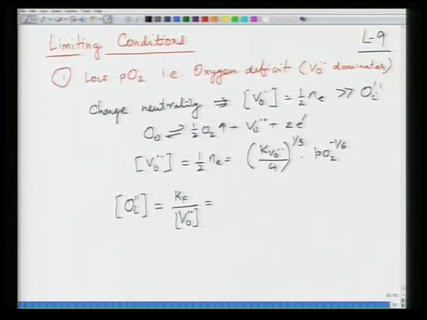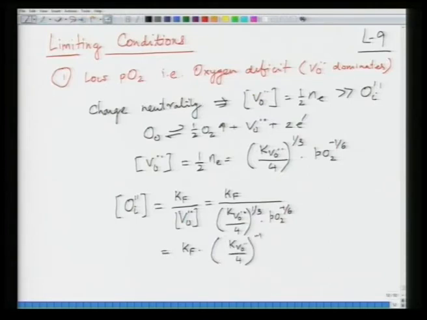So, this as a result becomes Kf divided by KVO to the power 1 by 3 into PO to the power minus 1 by 6, and this becomes equal to Kf into KVO divided by 4 to the power minus 1 by 3 into PO to the power plus 1 by 6.